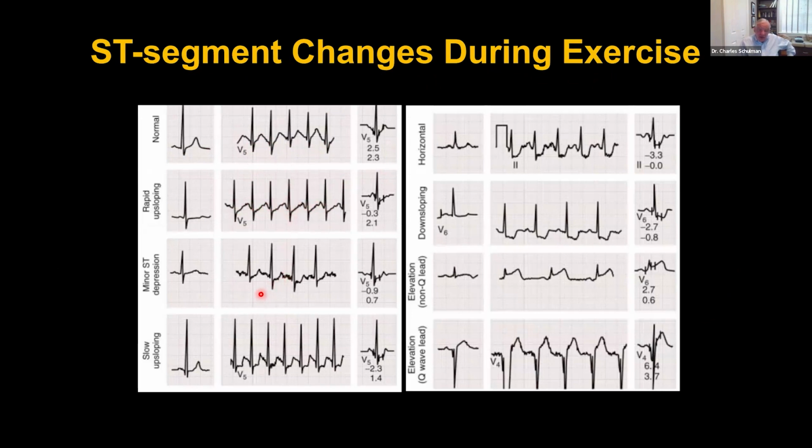There may be minor depression. Again, this is probably going to turn out to be not significant and disappear in under a minute. But slow upsloping or horizontal ST segments or downsloping ST segments are an indication of ischemia.